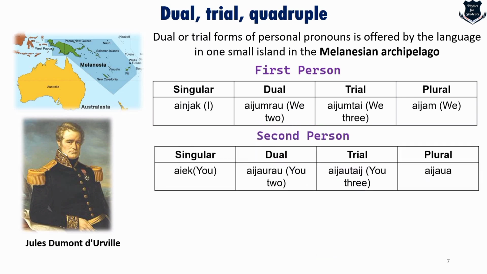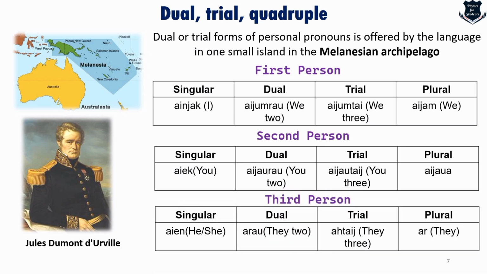For the second person, Ayak, and then Aija Rao, then Aija Taij, and Aija U. I know it sounds funny, but that is what history and the document say. Then we have Ain, that is he or she, Arau, dual, this is the third person, trial, Ahtaij, and ARR as in plural. So this is the first person, second person, and third person.